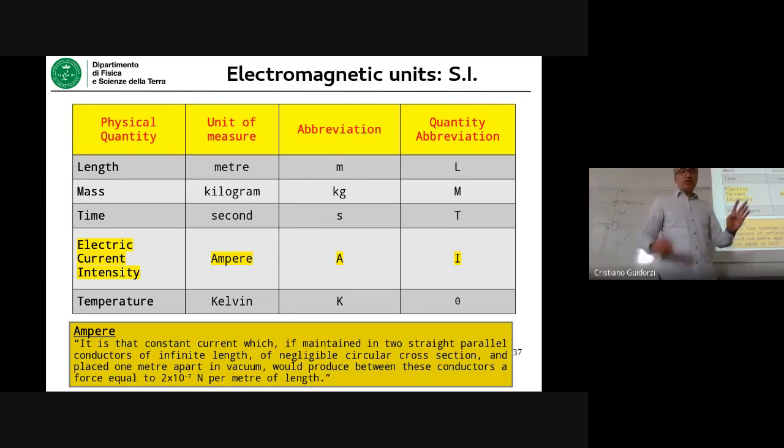If you take two infinitely long parallel wires and put them at a distance of 1 meter, the current flowing in these wires is 1 ampere when the force exchanged by the two wires, in vacuum, is 2 times 10 to the minus 7 Newton per unit length, so per meter, of course. Historically it was different, but then it was agreed to adopt this definition.